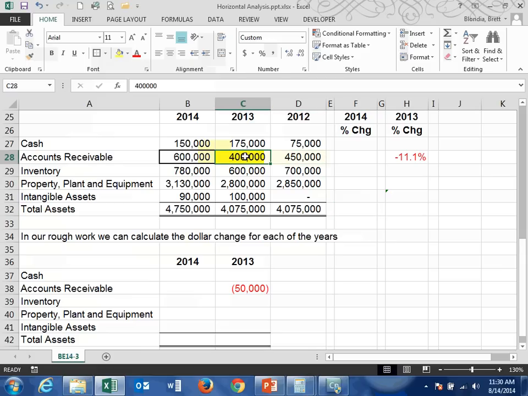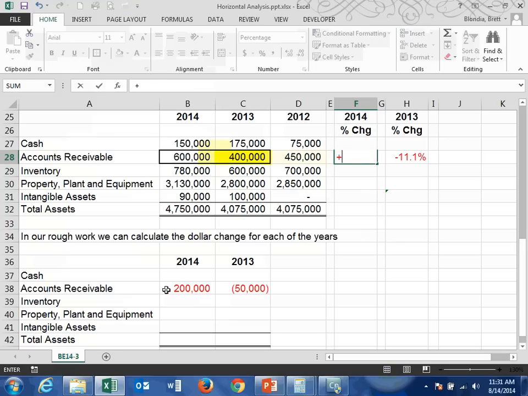Okay? So now I can calculate the dollar change again, which is 600,000 minus 400,000. That gets you a $200,000 increase, right? To get my percentage change, I have to take my dollar change amount, which is $200,000, and divide it by the base period amount, right?